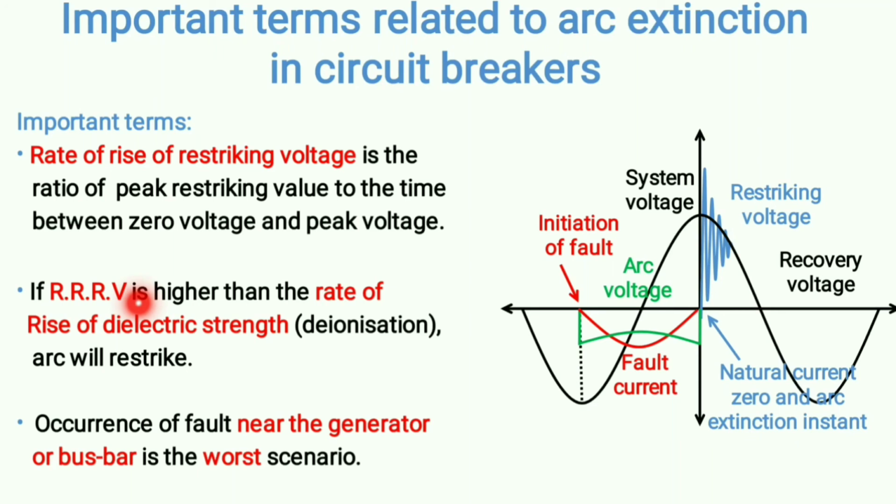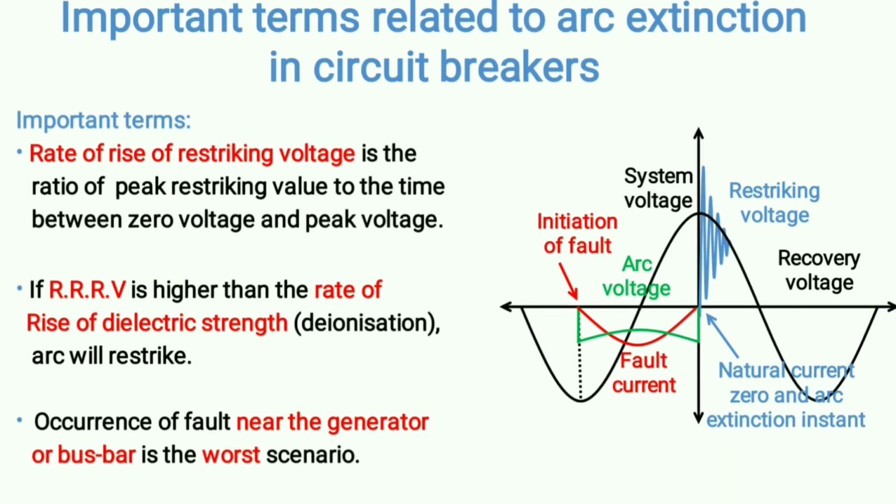And if your RRRV is very high, then it will be difficult for the surrounding air to stop the restriking, because in that case the rate of rise of dielectric strength has to be very high, otherwise it will not be possible to stop a very high value of RRRV. Okay, and that is why I have said that occurrence of a fault near the generator or bus bar is the worst scenario.